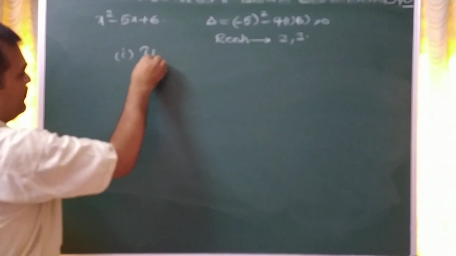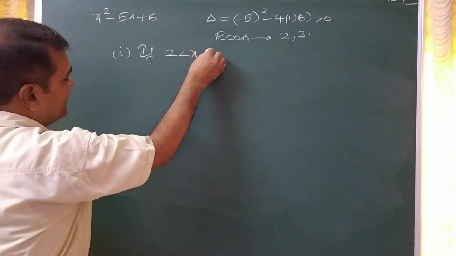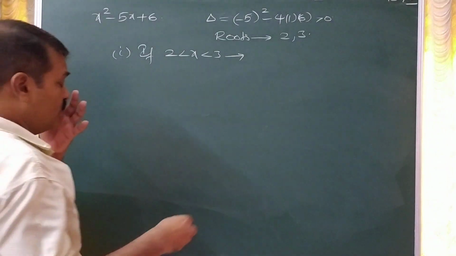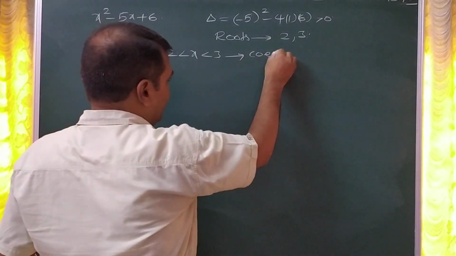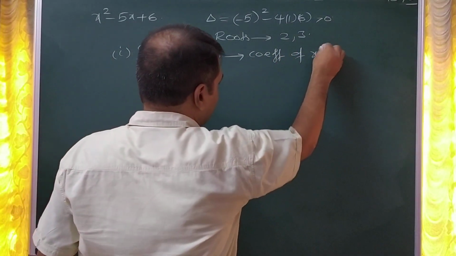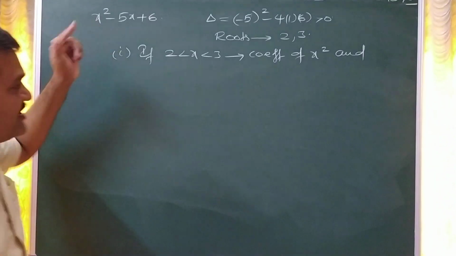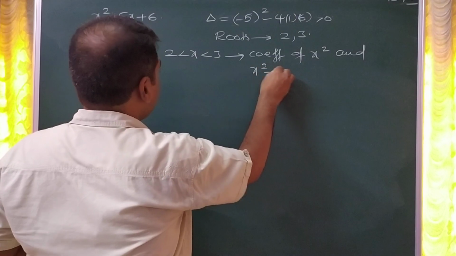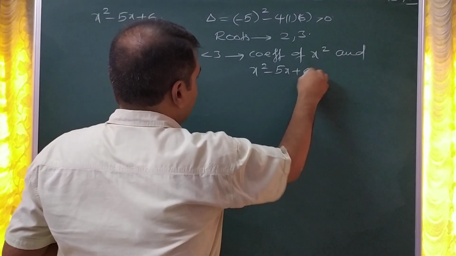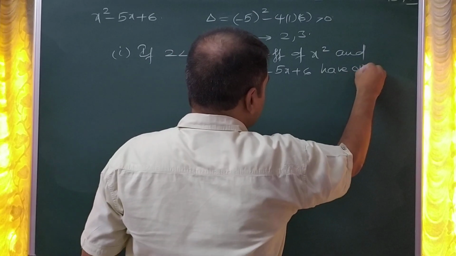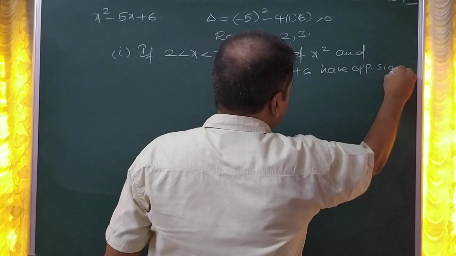So what do we write when x lies between the roots? When x lies between the roots, what is the condition? The coefficient of x square and our quadratic expression have opposite signs.